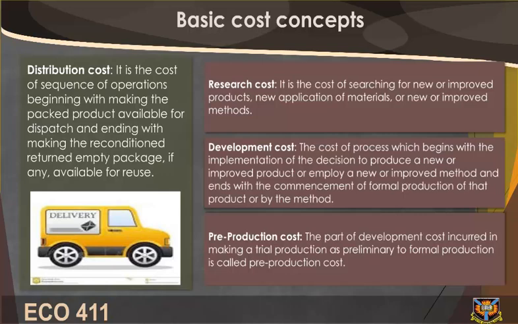The cost of the process which begins with the implementation of the decision to produce a new or improved product or employ a new or improved method and ends with the commencement of formal production of that product or by the method. Pre-production costs. The part of development cost incurred in making a trial production as preliminary to formal production is called pre-production costs.